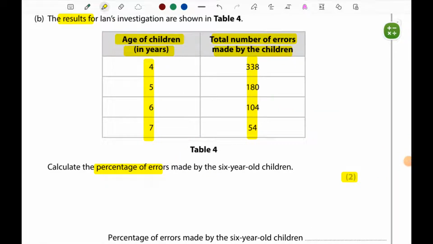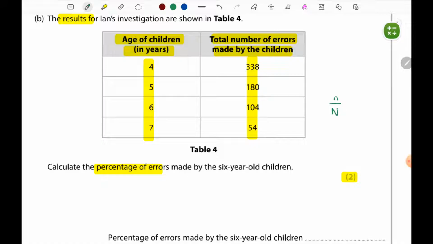Okay, so percentage of errors. When it comes to the percentage of anything, we know the percentage formula. Like I've said, we don't need to write the formulas, but in our mind it should come. Percentage is always the number of whatever we are referring to, the category, which we represent as a small n, that comes in the numerator.